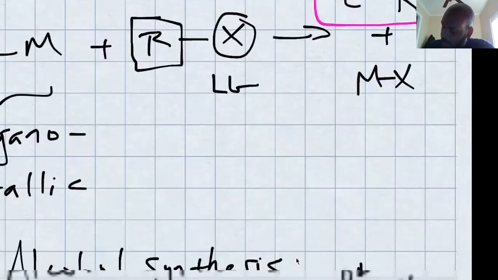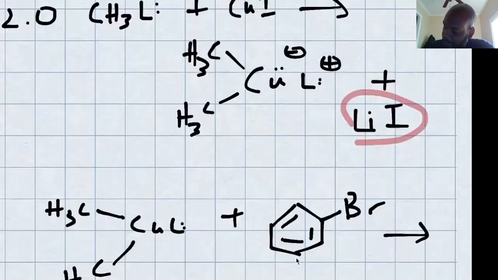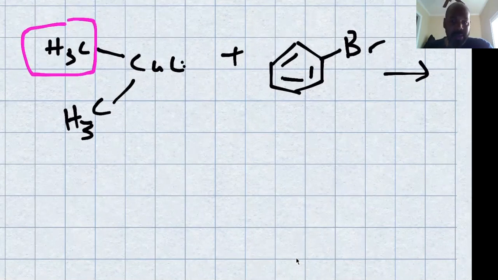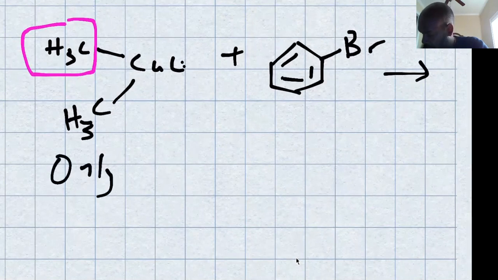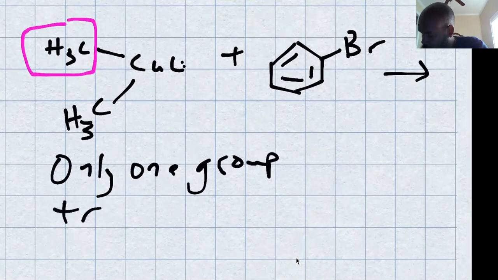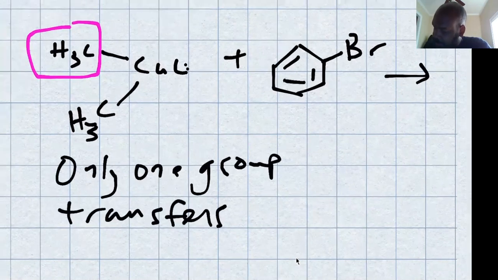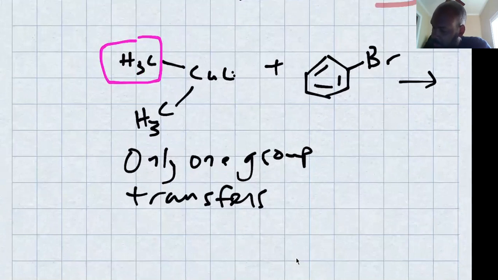So let's go back to here and let me show you a couple of key things about this Gilman reaction. When the coupling takes place, only one of these groups is going to get transferred to couple. So I'm going to circle this one or box it in. Only one group transfers.